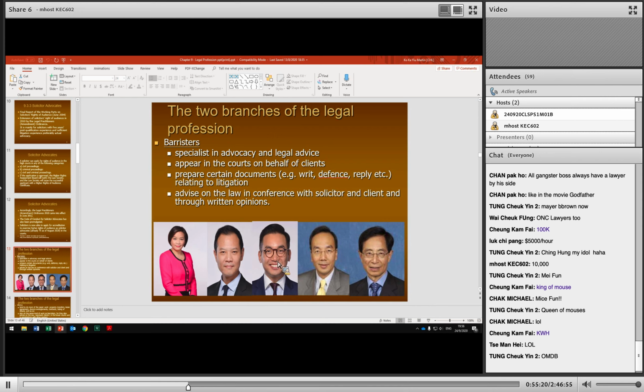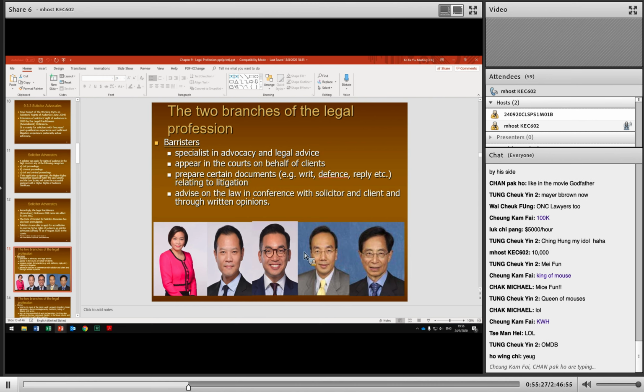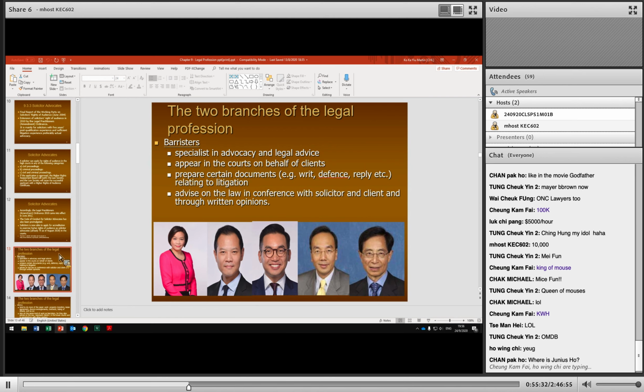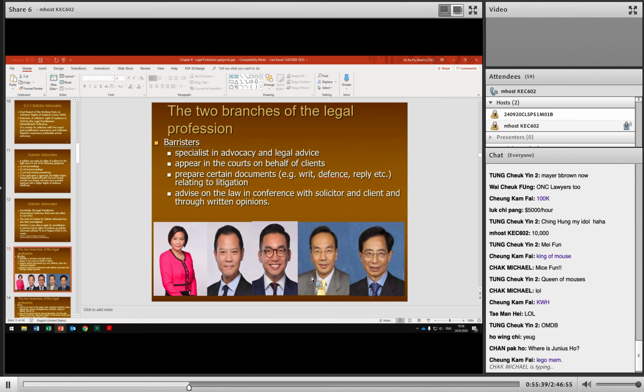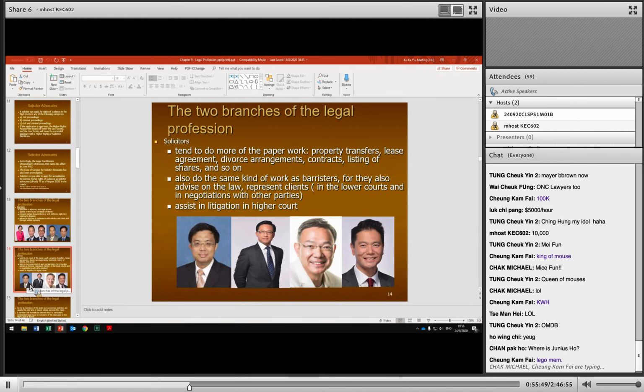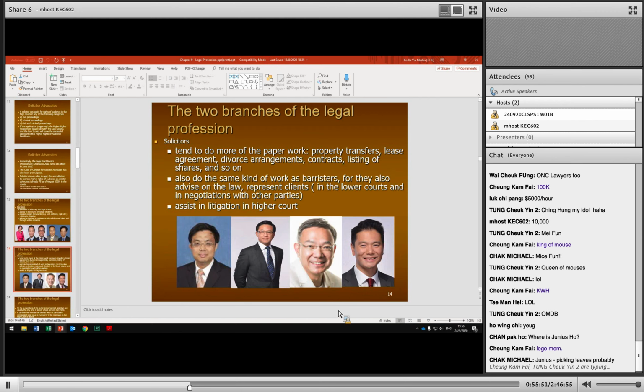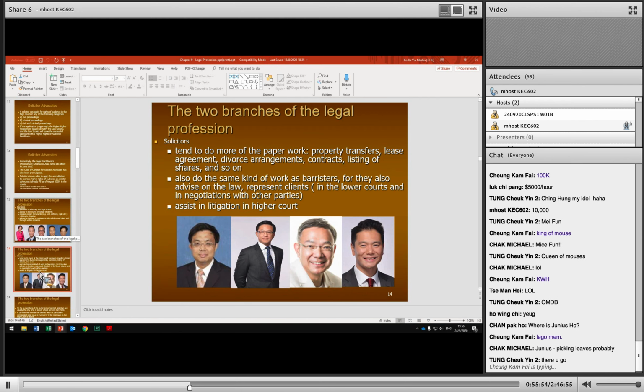This one, Elvin Young. This Helen Leung. This one is Martini. All of them are more famous because they have been, or they are, members of the Legislative Council. So that's the reason why they are more famous. For barristers who are not politicians, usually they may not be so famous. It's very funny.